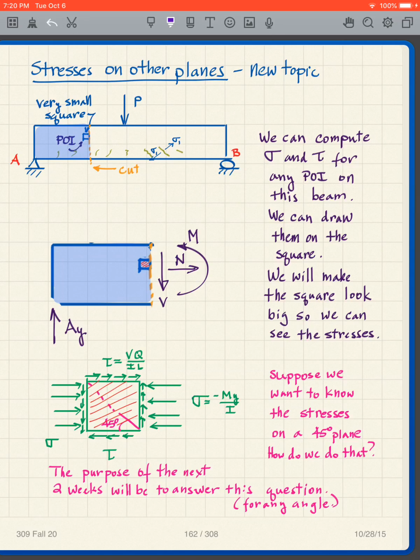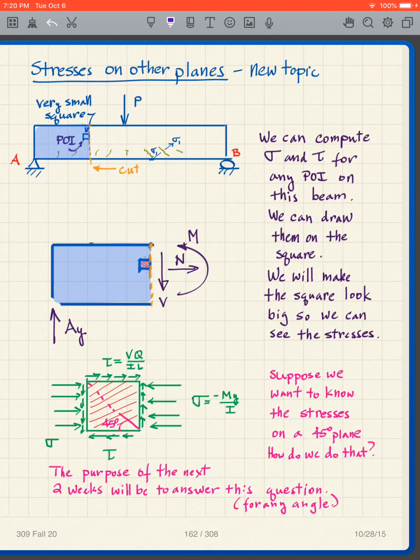So let's just consider for a moment this point of interest right there, and I'm going to draw it as a very small square. Okay, so we're going to be drawing these squares throughout this topic matter that's going to go on for several lectures.